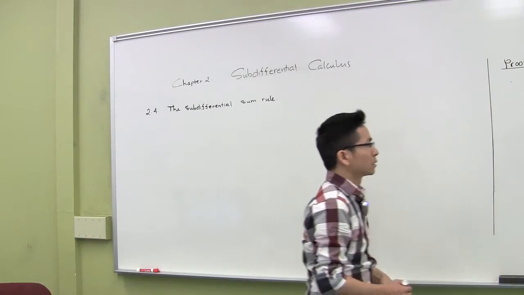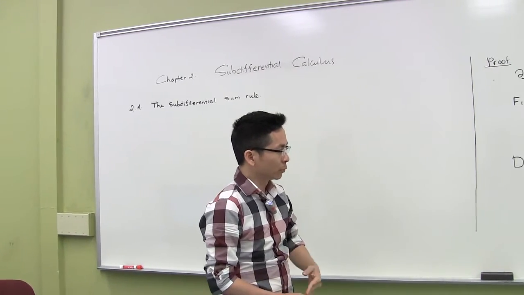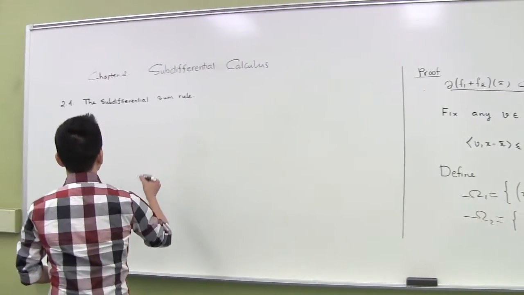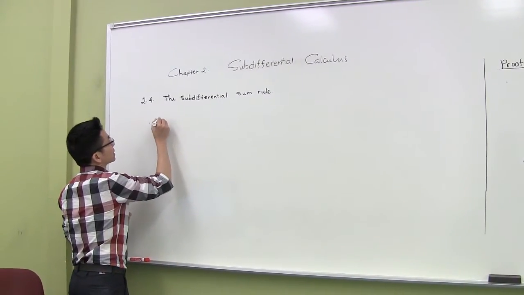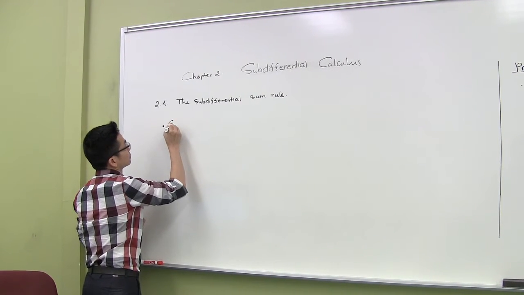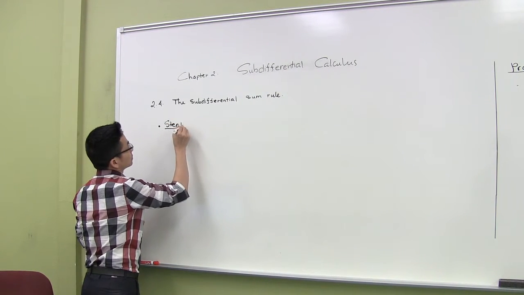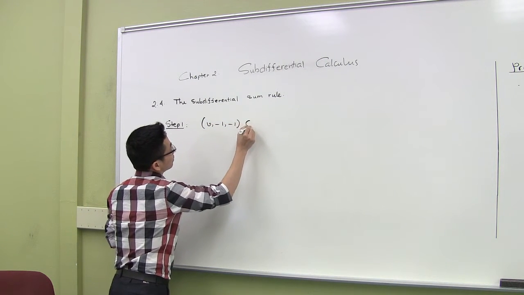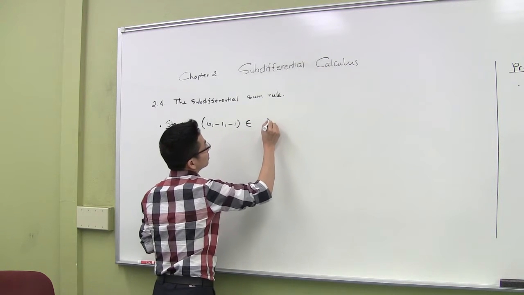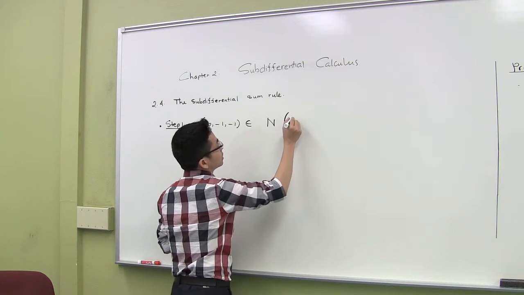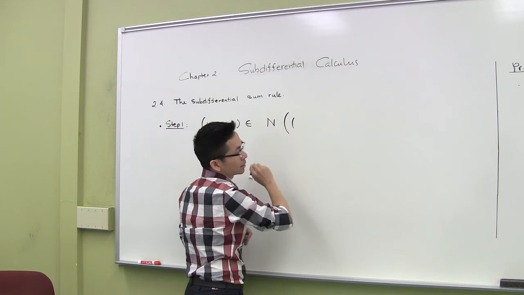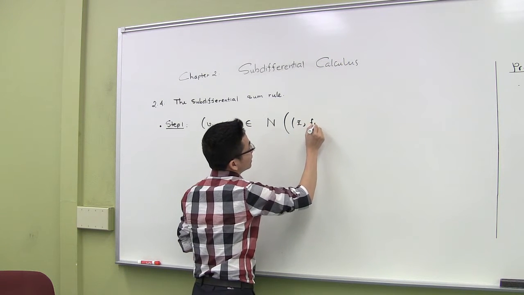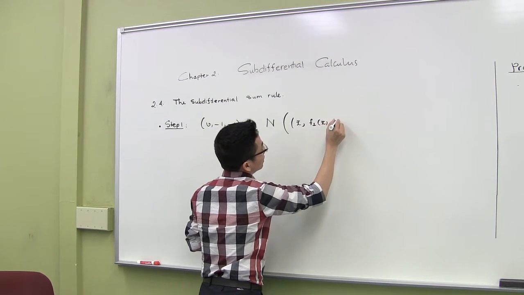In the first step, with the definition of omega 1 and omega 2, we will show that the following is satisfied: (v, minus 1, minus 1) belongs to the normal cone to the intersection of omega 1 and omega 2 at the point (x bar, f1 of x bar, f2 of x bar).